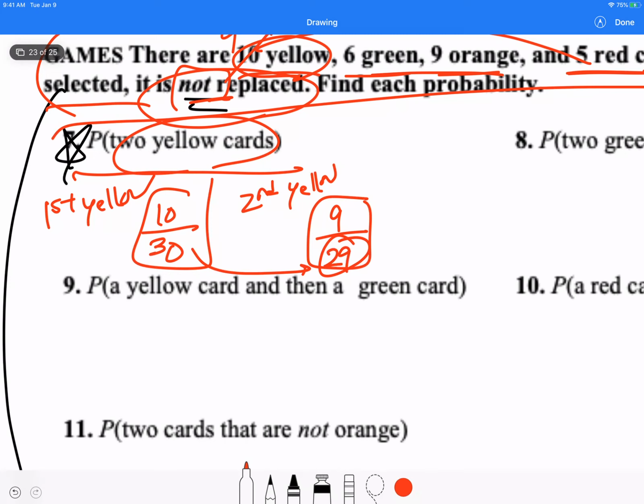Because I have selected that card away from the deck of cards. That card is in the pocket or wherever it's thrown away. It's not there. So after you do these, then you take these 2 and multiply them. So you should get 90 out of 870, which you should be able to reduce.